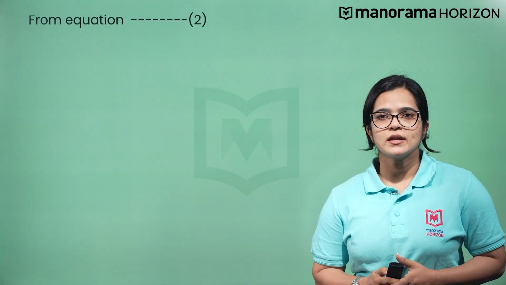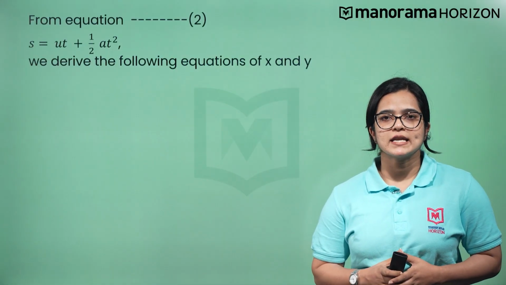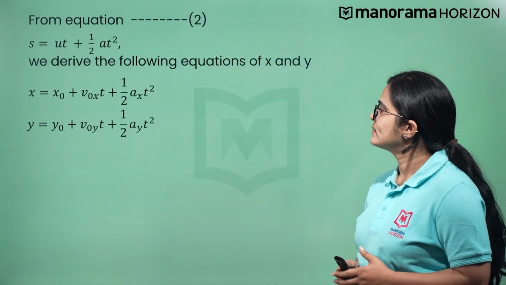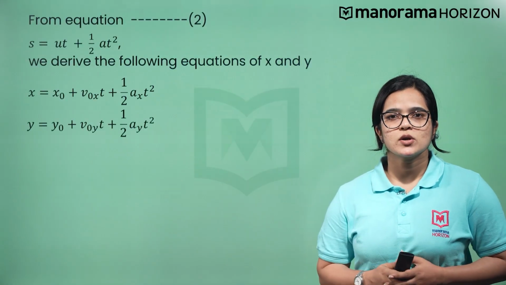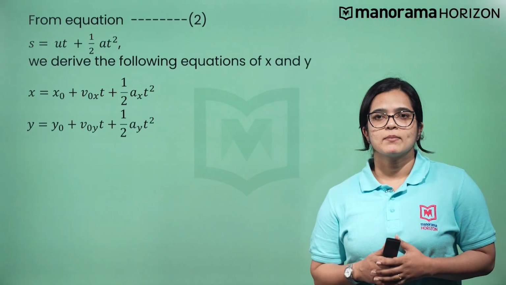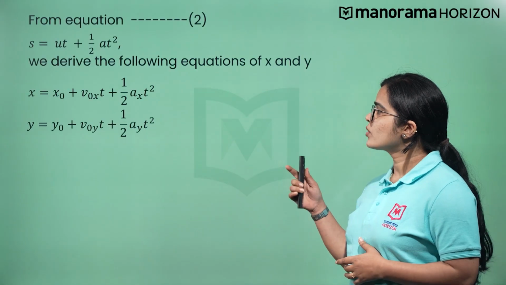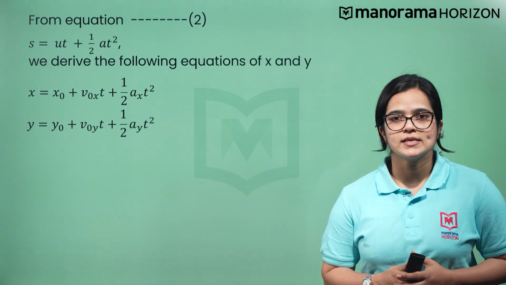From the second equation, s equal to ut plus half at square, we derive the following equations of x and y. That is, x is equal to x0 plus v0x times t plus half ax t square and y is equal to y0 plus v0y t plus half ay t square.